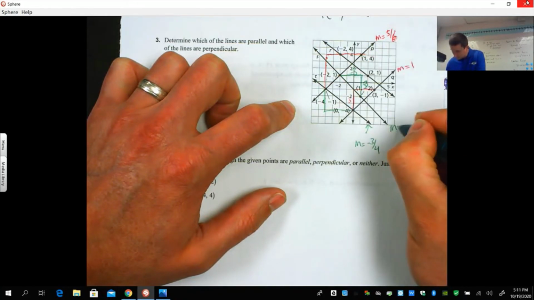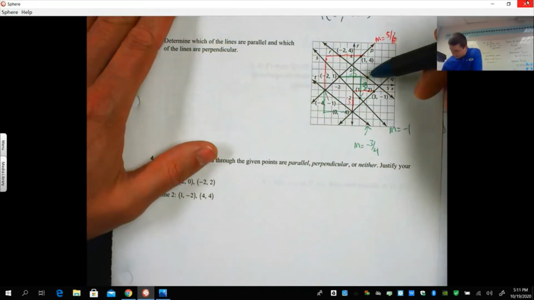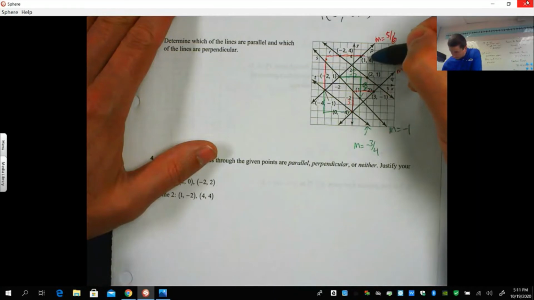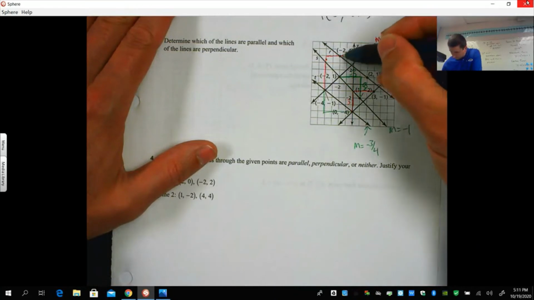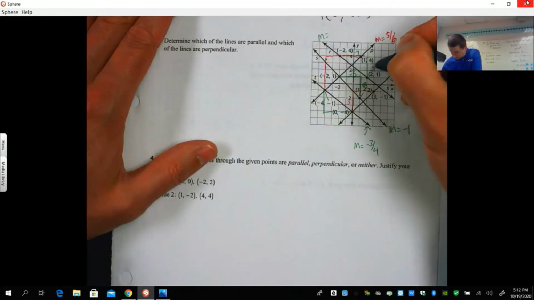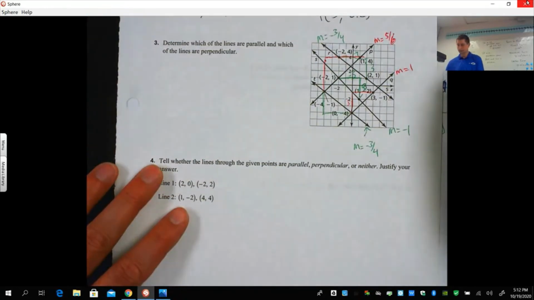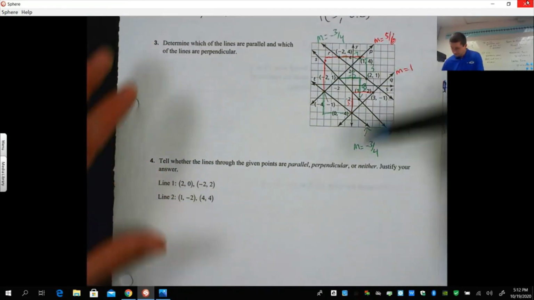So that slope should be negative 1. And finally here we have 1, 2, 3, 1, 2, 3, 4. This is 3 and this is negative 4. So this slope is rise over run, negative 3/4. Can you tell all those lines? Did I count this right?